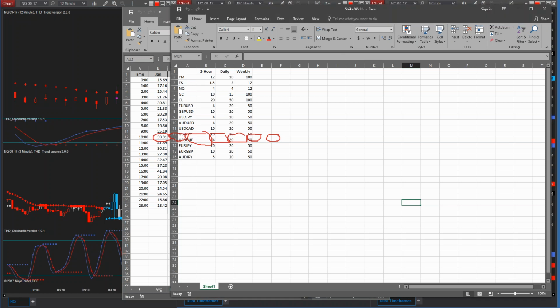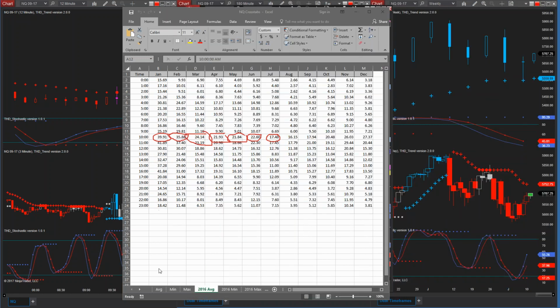So if you are going out 4 strikes, that's 16 points. Yes, just the NASDAQ has a 4 strike width. This is only on the NASDAQ, and this is the average for 2016. So if you're going out 16 points, that would probably be okay, and you probably wouldn't have an issue during this period, okay?